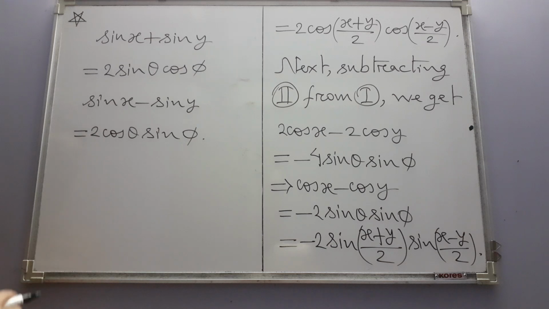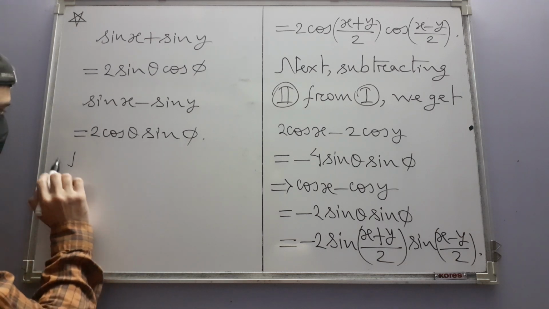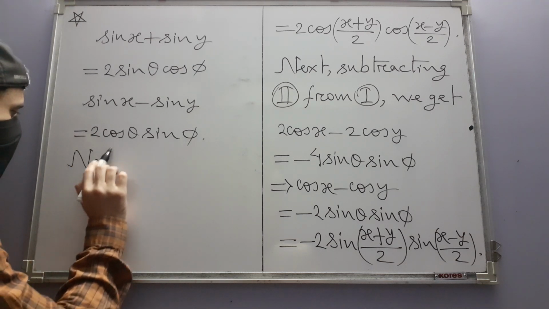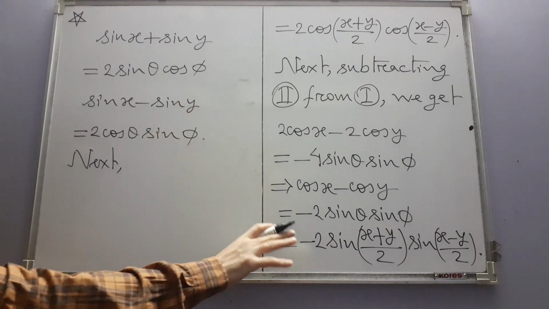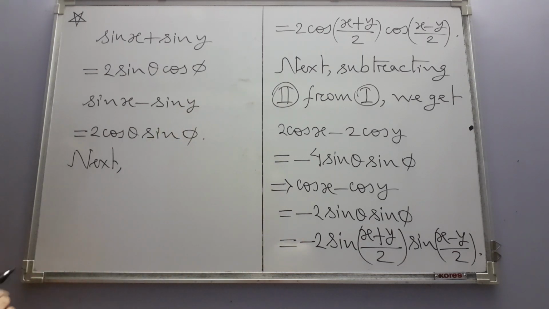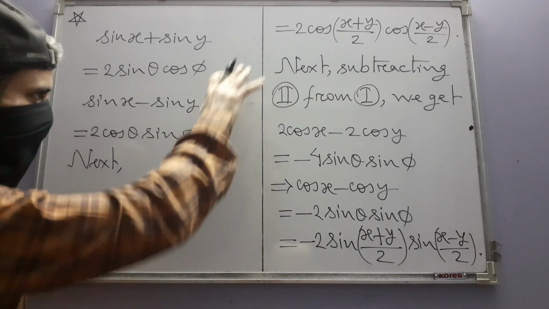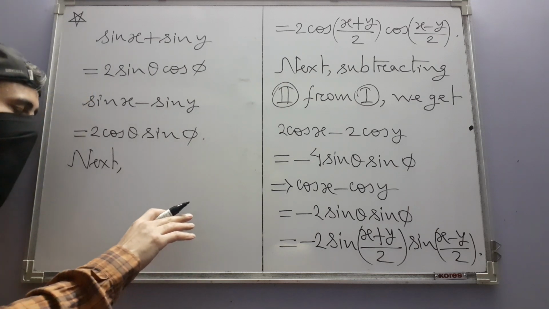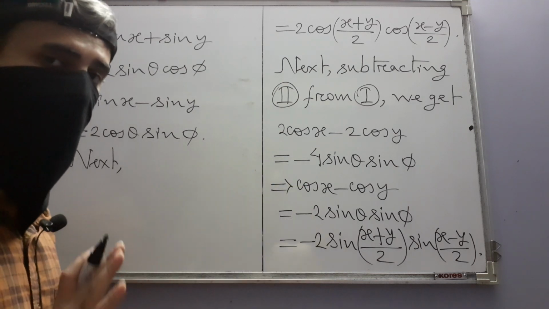Next, we have already found identities 1 and 2, because all these things are in that single proof itself.